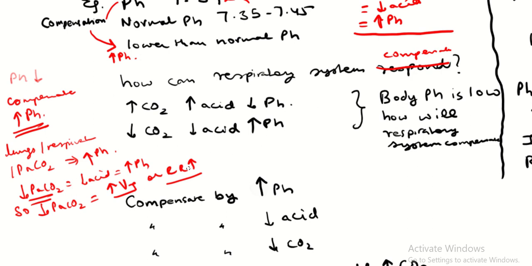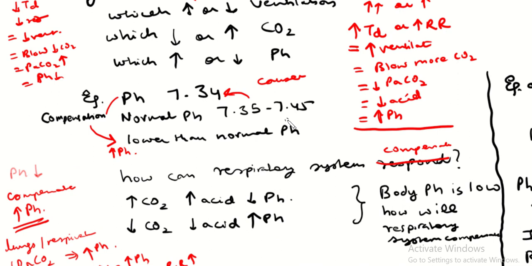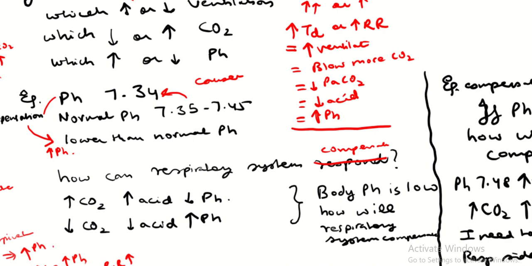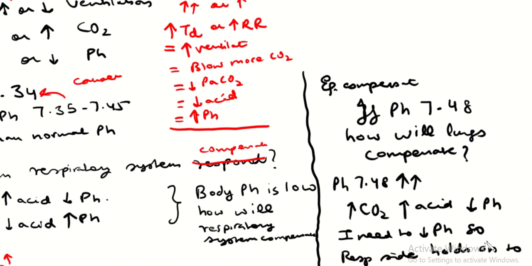In other words, if I become acidemic, my respiratory side can compensate by breathing faster or breathing deeper, or both. Okay? So that's compensating.